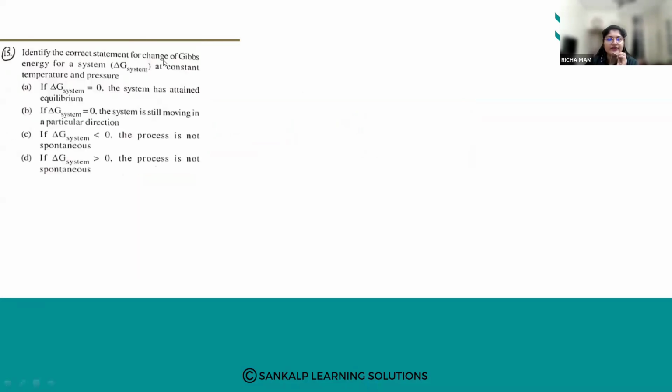Identify the correct statement for change of Gibbs energy for a system, delta G system, at a constant temperature and pressure.